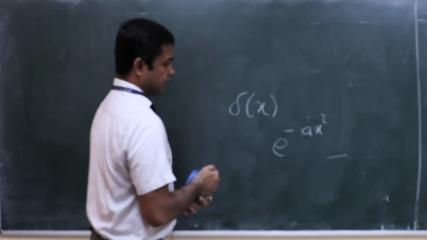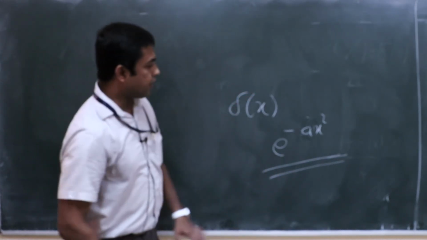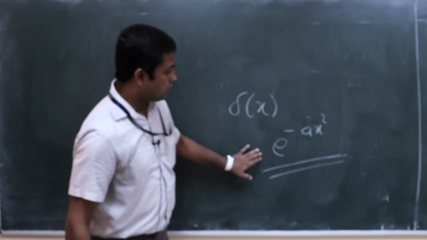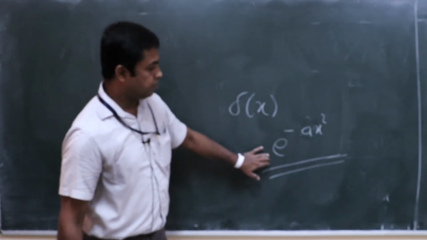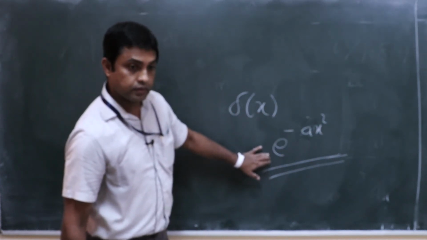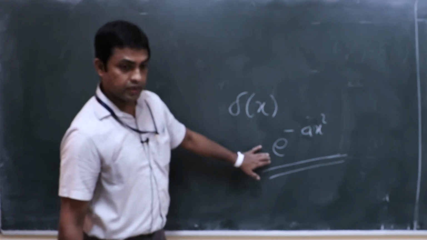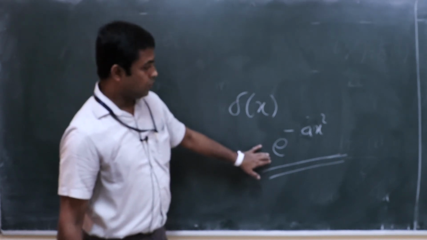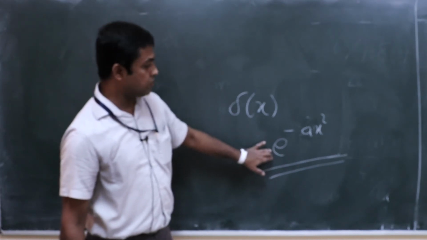Can I write this Gaussian as a delta function? Question clear? Yes.